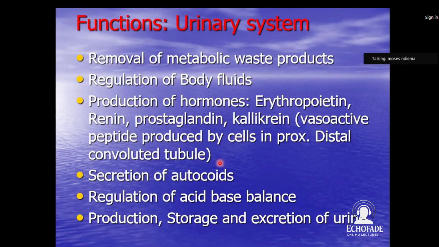After that primary urine, the water and the ions and also the glucose are reabsorbed back into circulation so that you don't lose them. Some of the proteins and amino acids are reabsorbed into circulation. So what is lost is the waste products.